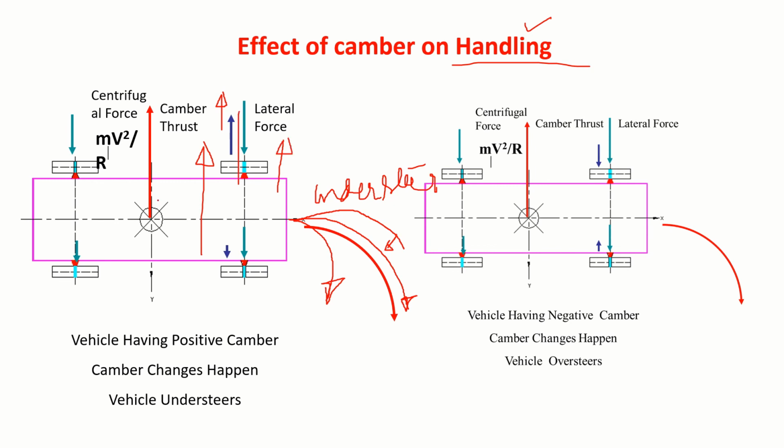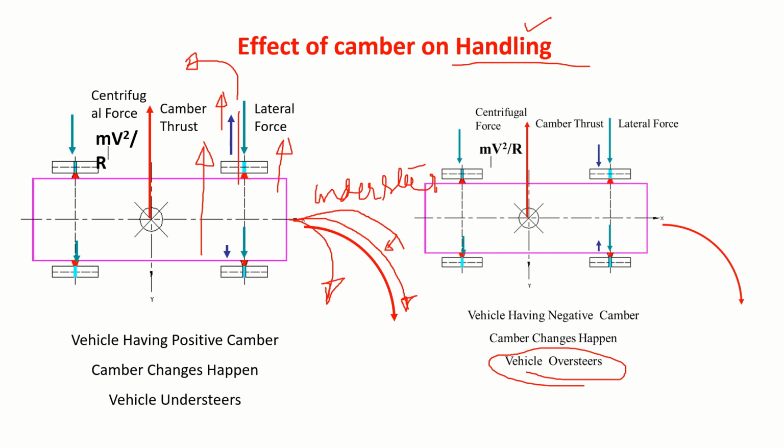This force about the center of gravity might create a counterclockwise torque. So it will pull, and that's why you then have to steer more. This is what really happens. If you provide a negative camber, then the vehicle might oversteer. So these are the kinds of effects of camber, and we must be very, very careful.